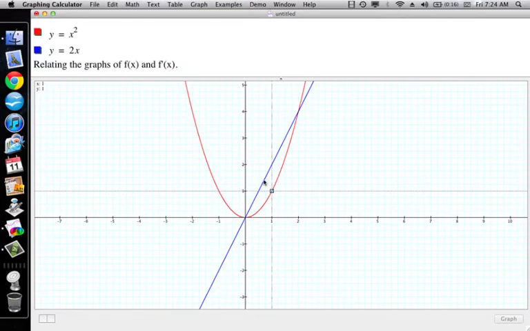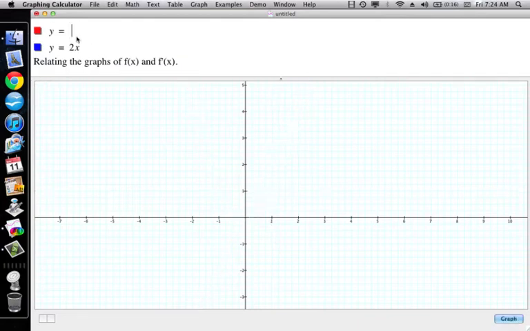Whenever the blue line is above the x-axis, it means that the red line is going up, has a positive slope. And wherever the blue line crosses the x-axis, it means that the red line, which is f of x, is horizontal, has a slope of 0. Okay, so let's look at another one.